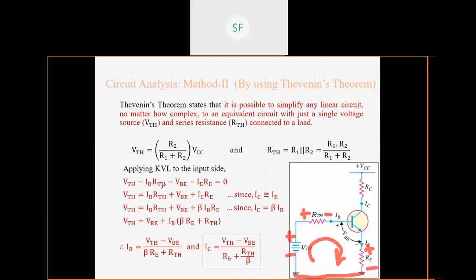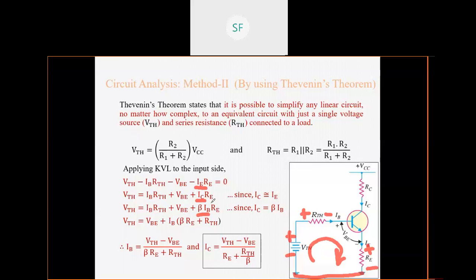Again one change is there, IE is replaced by IC, because we know that IC is approximately equal to IE. So that's why IE ये replace कर दिया IC से. Now again in this step and in this step there is this change only, other terms are same.